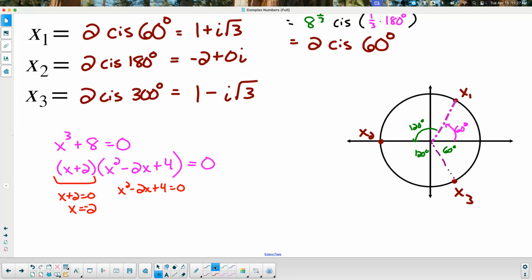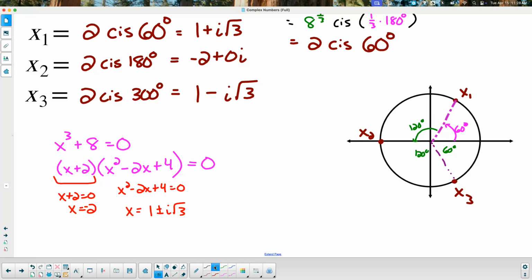So you'd have to complete the square or use the quadratic formula. And when you do that, you would get x equals 1 plus or minus i square root of 3. And there's your 3 roots. Okay?